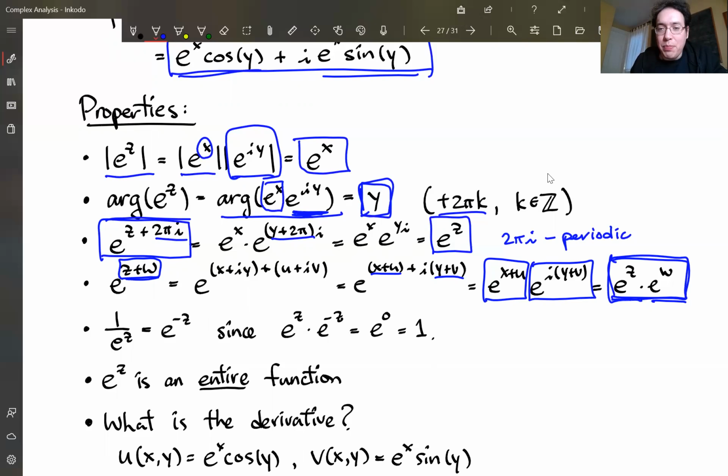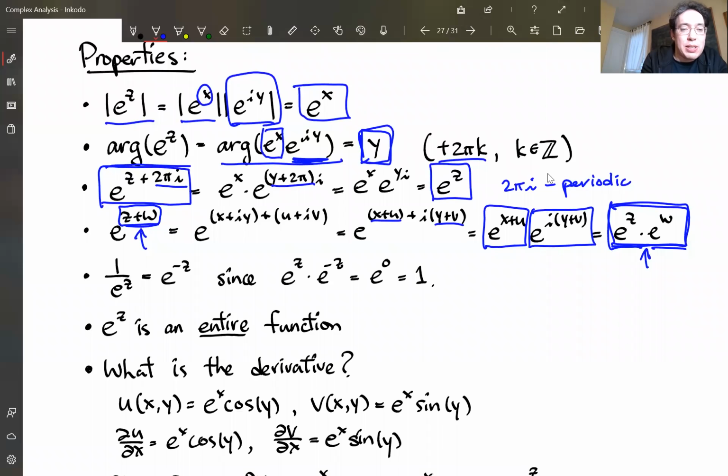Just a note here, this seems like an obvious fact about exponents that we already know, but we already knew it for the real number case. So it is something new that we're learning, that it still holds for complex exponents as well.